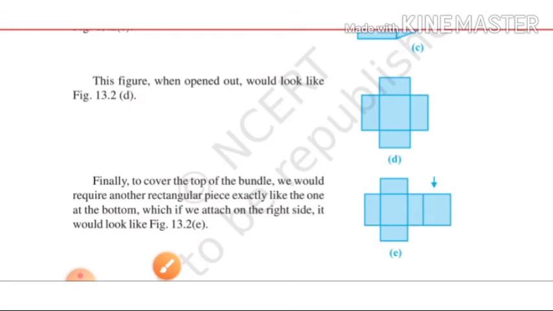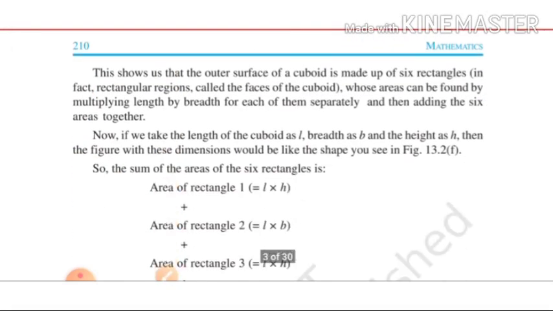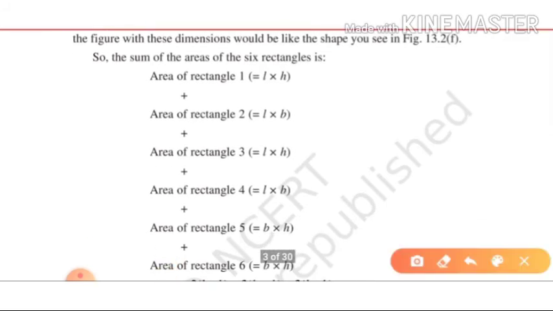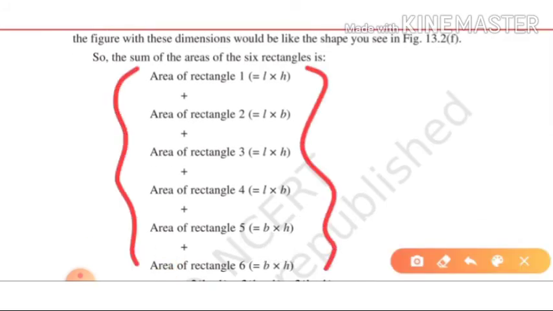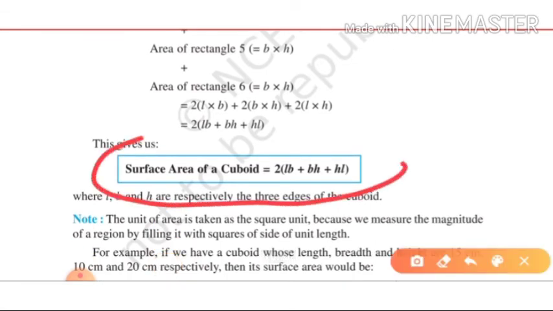What will be the surface area? Surface area means we add all the areas. Adding all, the surface area of the cuboid will be 2 into (LB plus BH plus HL).